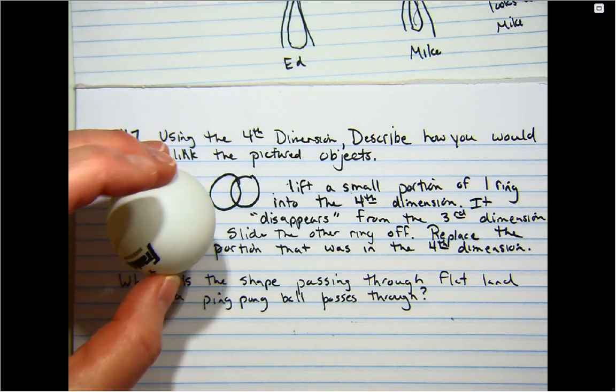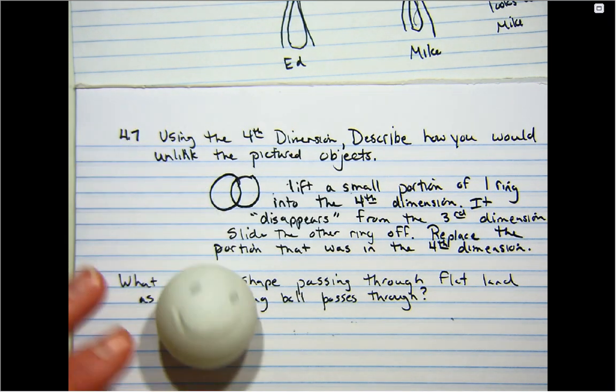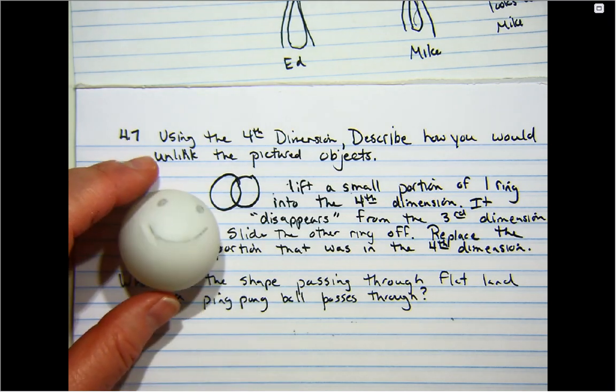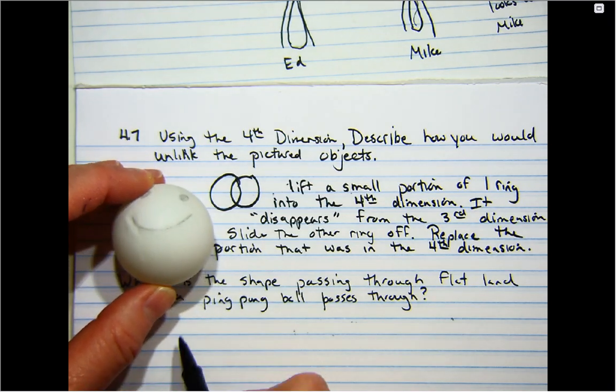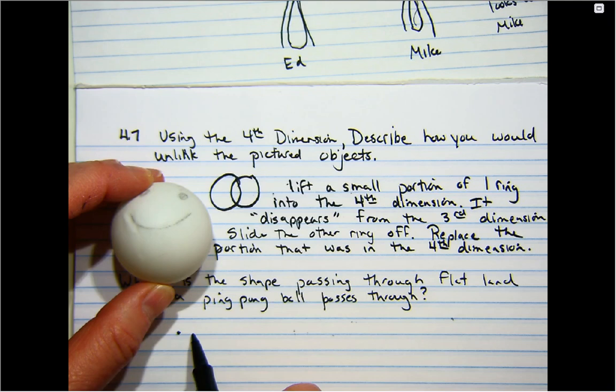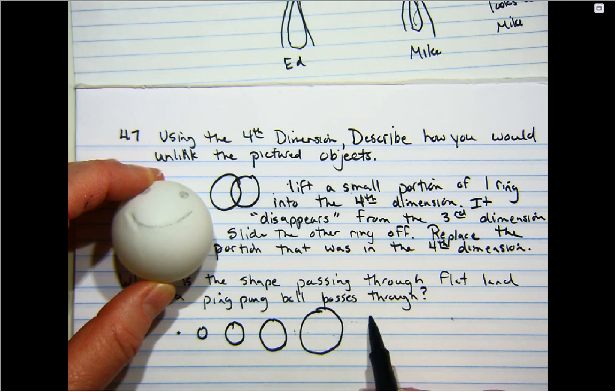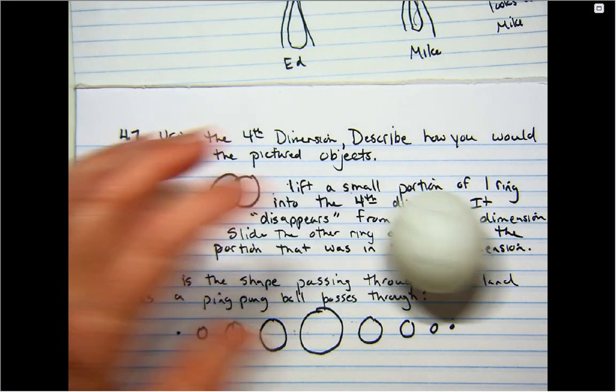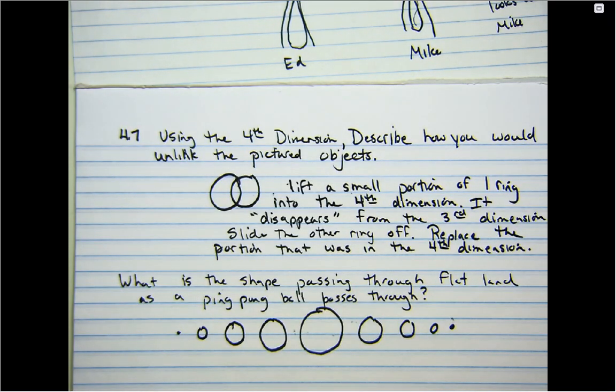So the ping pong ball passes through the plane. When it first sits on the plane, there's just a point present in the plane, and then as it passes through the plane, a larger circle goes through the plane, until the ping pong ball exits the plane, and then there's nothing in the plane again.